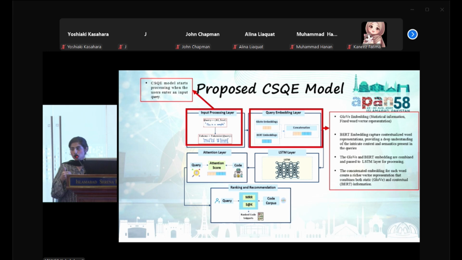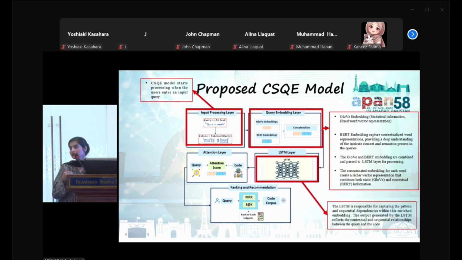The output of the query embedding layer is then passed into the LSTM layer, which is responsible for capturing the patterns and the sequential dependencies within the enriched embeddings, and the output generated by the LSTM layer reflects the contextual and sequential relationship between the query and the code.